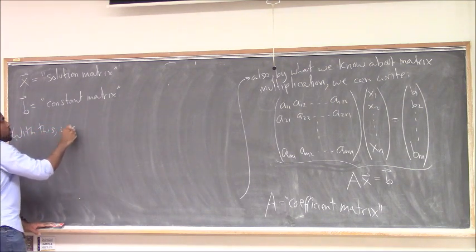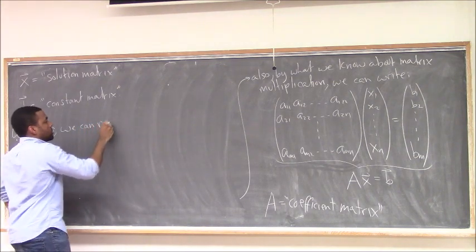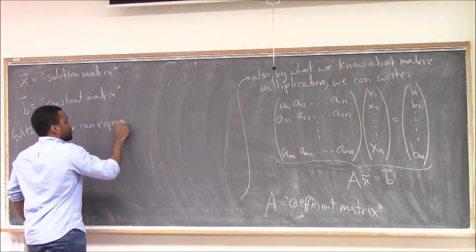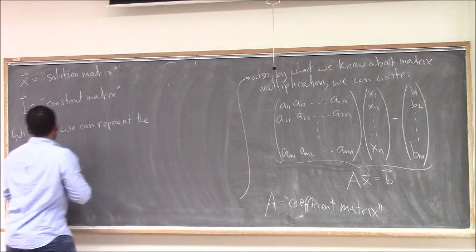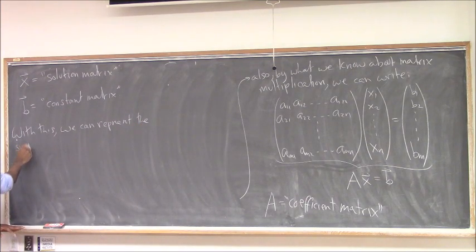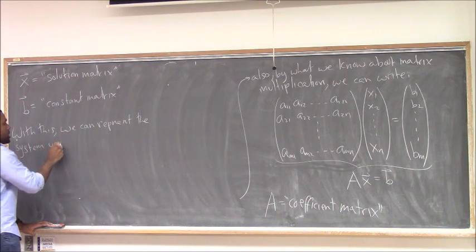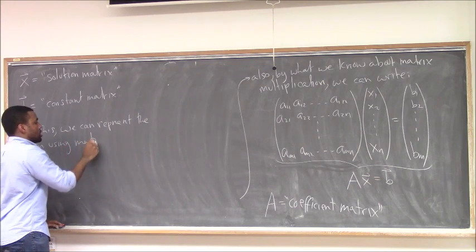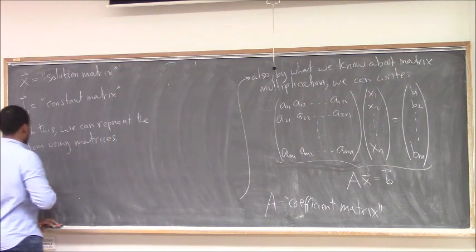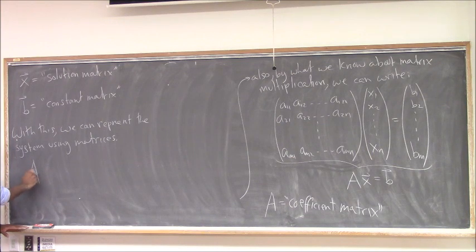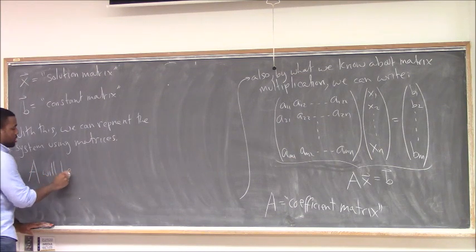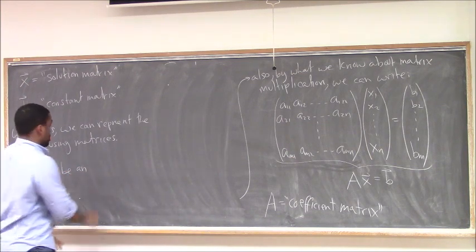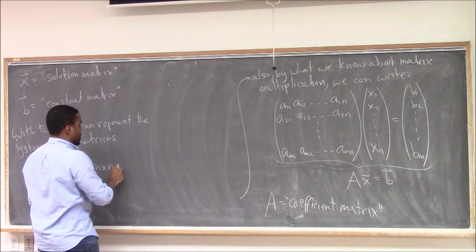With this, we can represent the system. A will be an n by n matrix here.